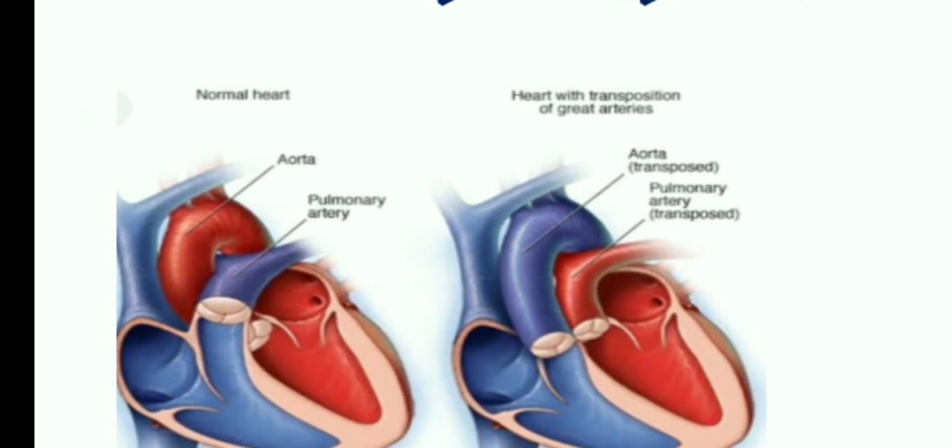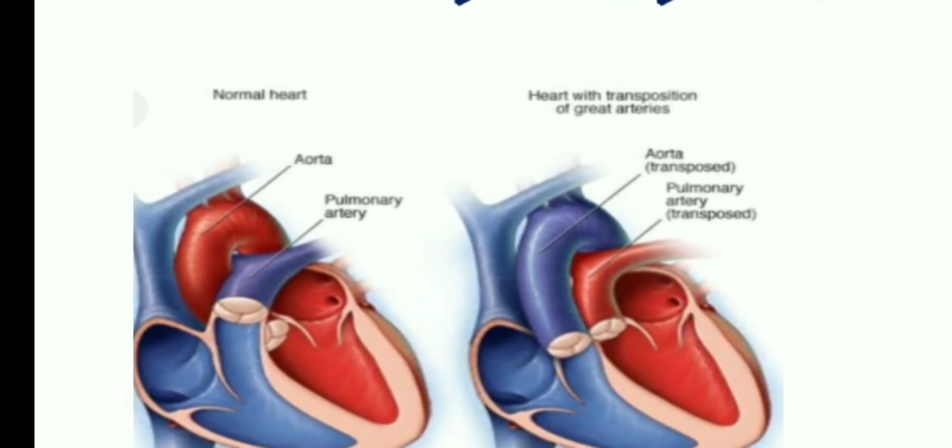Normally, the two main arteries are the pulmonary artery and the aorta. These two main arteries leaving the heart are reversed. You understood? These two arteries are reversed in position. It is called transposition of great arteries.